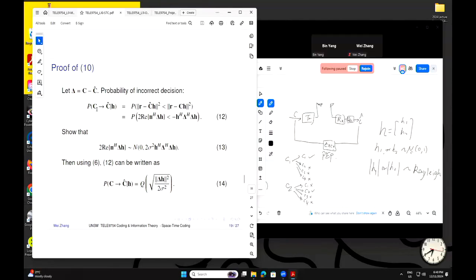You say, oh, I understand the meaning of detection or ML detection. If you never studied detection theory, you say, okay, this is quite new to me. So I add a new page to talk about detection.